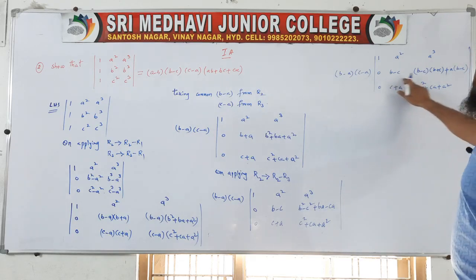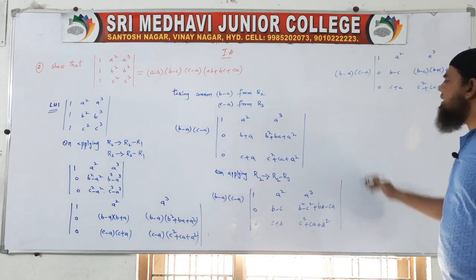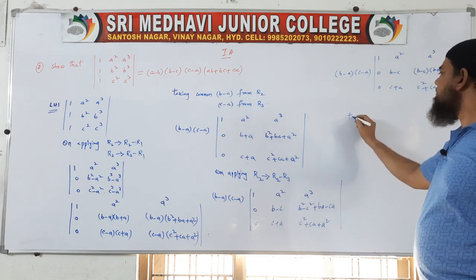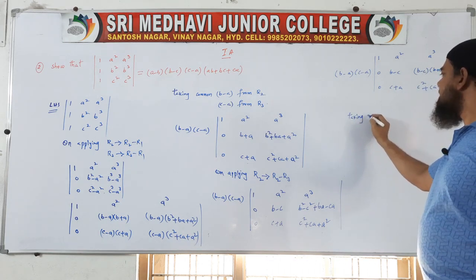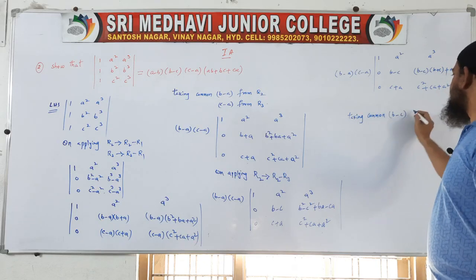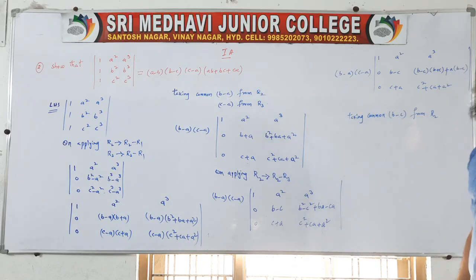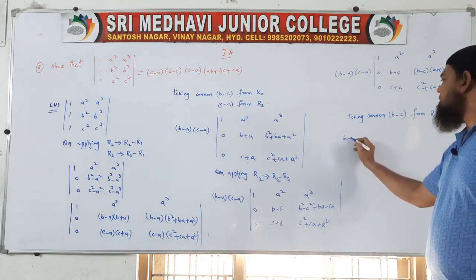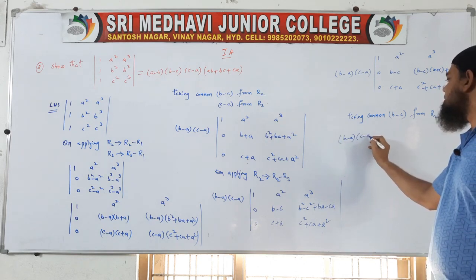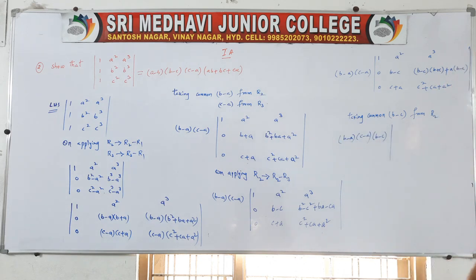In the R2 row, we see B minus C, B minus C, B minus C, so we can take B minus C common from R2. So B minus A, C minus A and B minus C are taken common.